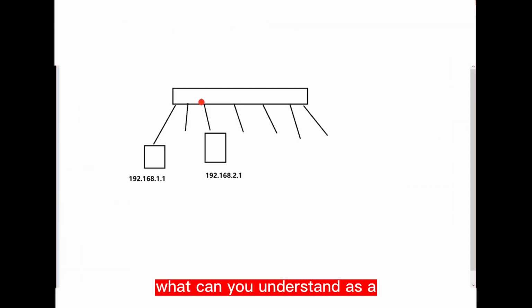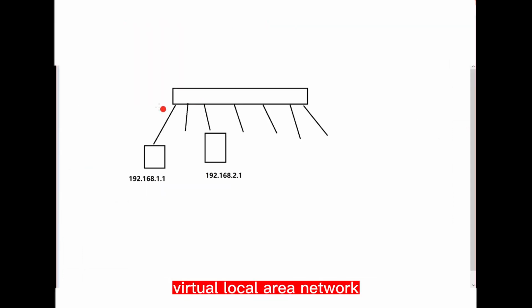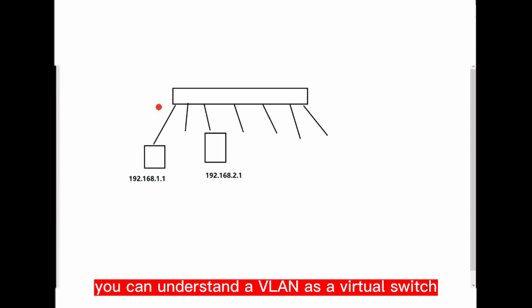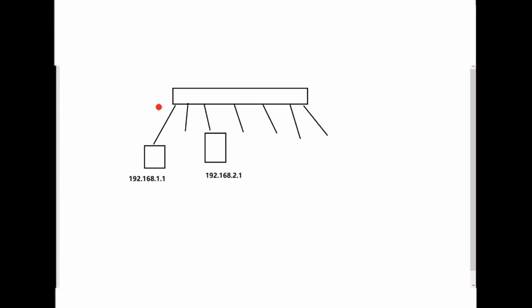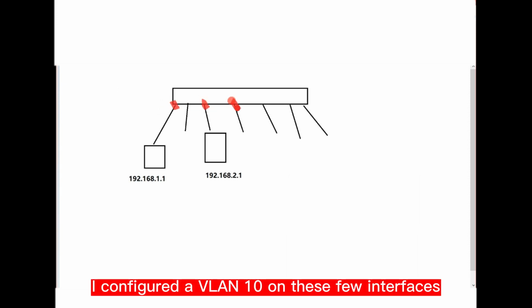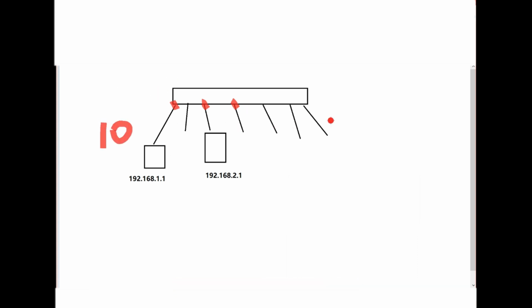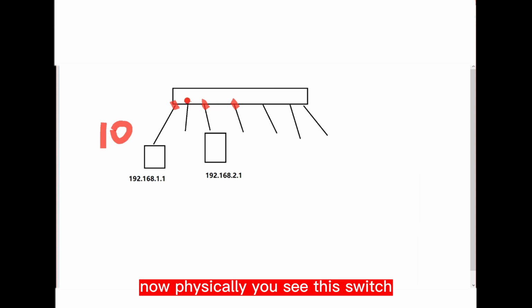Okay. What can you understand as a virtual local area network? I configured VLAN on this device. You can understand a VLAN as a virtual switch. I configured a VLAN 10 on these few interfaces. You can understand it as, physically you see this switch, it's like cutting it in the middle.